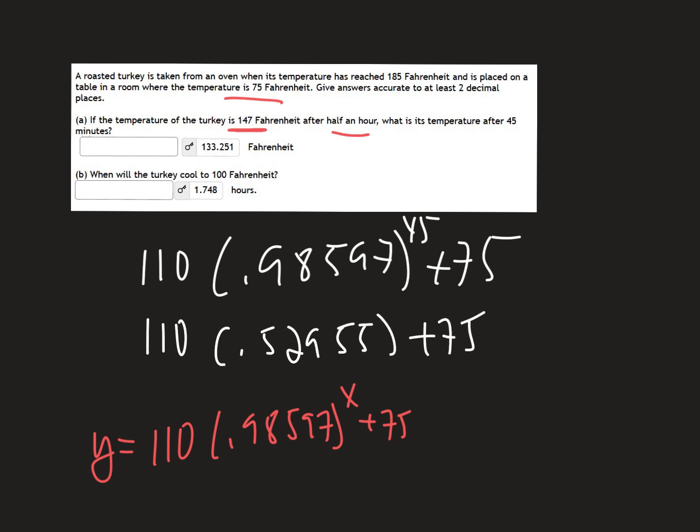Then I'm going to multiply that answer by 110. Got to follow order of operations. I'm getting 58.251, and then I'm going to add 75 to that, and let's see if that gives the 133. Yeah, I got 133.251. Yep, so that works.